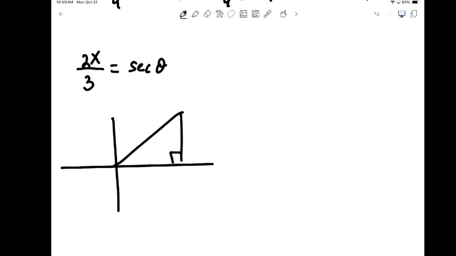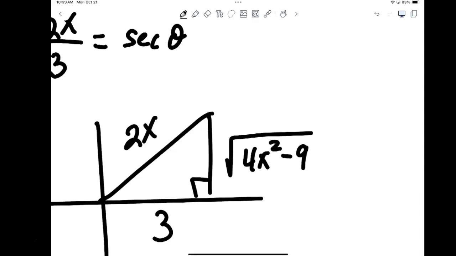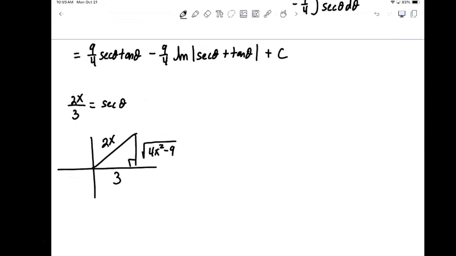Cosine is adjacent over hypotenuse, so secant would be hypotenuse over adjacent. Then we use the Pythagorean theorem to finish the third side, which would just be the square root of 4x squared minus 9. We do that because I need to be able to talk about the tangent function.